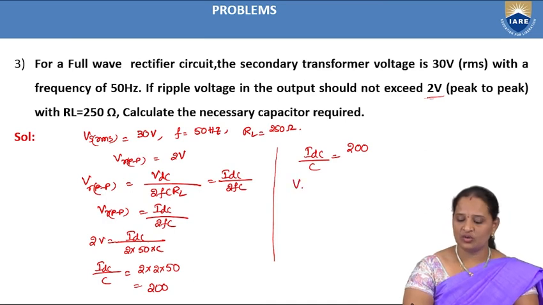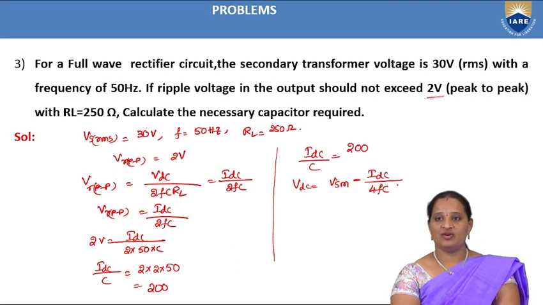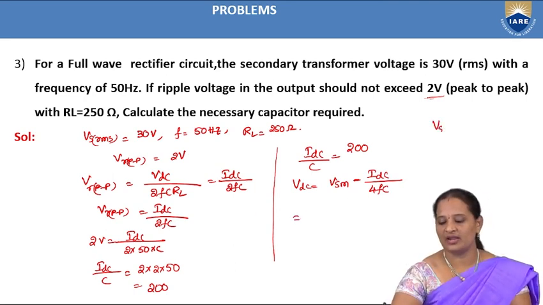So we already know that VDC is equal to VSM minus IDC divided by 4FC. Where VSM is nothing but, how can I calculate VSM? As I know the RMS value, root 2 into VS RMS.